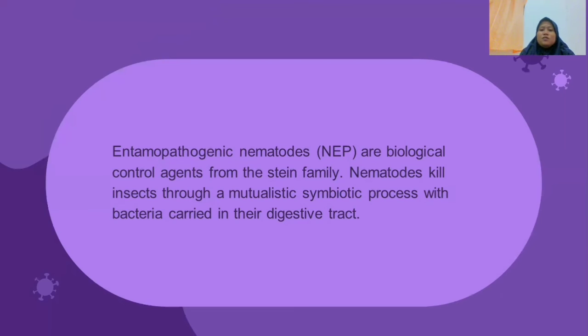Nematodes kill insects through a mutualistic symbiotic process with bacteria carried in their digestive tract. The relationship between bacteria and nematodes is mutualistic because both benefit. Although nematodes can kill a host insect in the absence of bacteria, infection is slow and they cannot reproduce without eating the bacteria that supply nutrients.